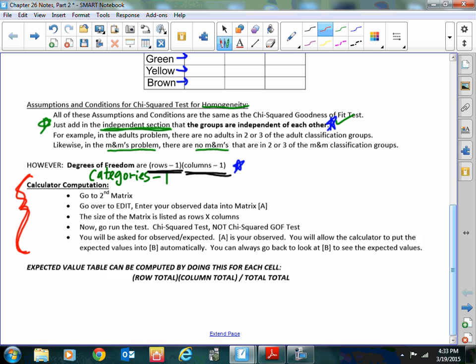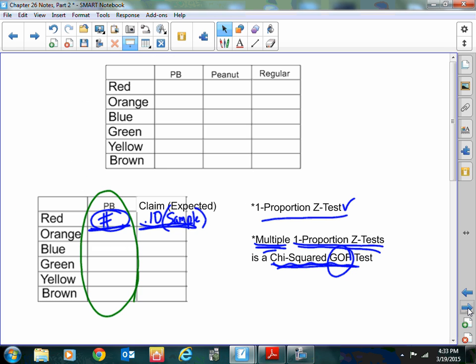Additionally, I went ahead and wrote how to get your expected value table. So let's move on to the example. Turn in your notes to the next page, or turn in your packet to page 11. At the top of that, you have the calculator steps and the expected counts.